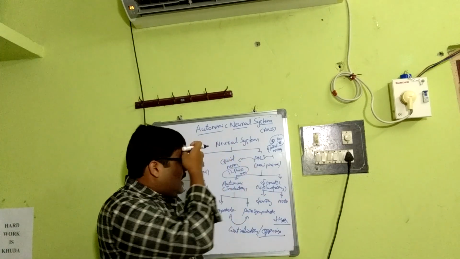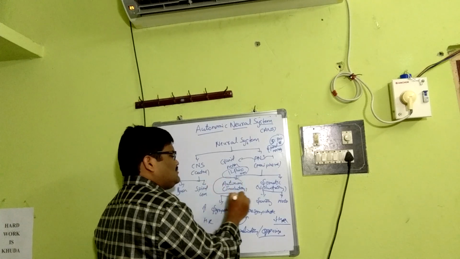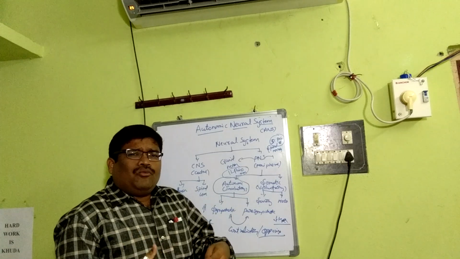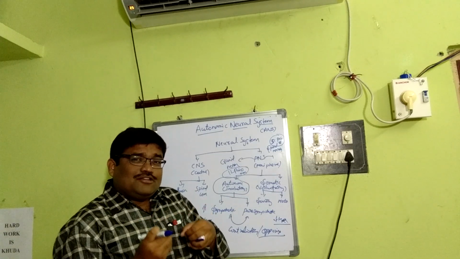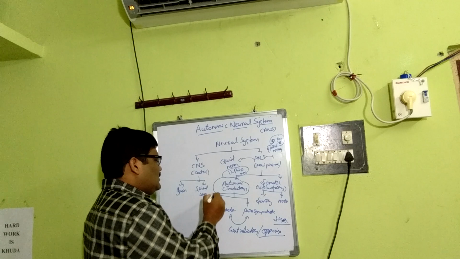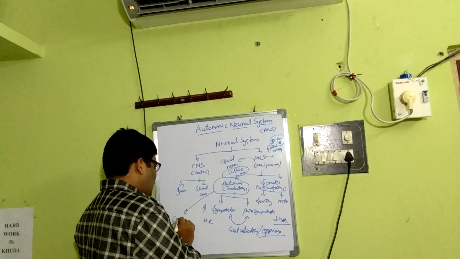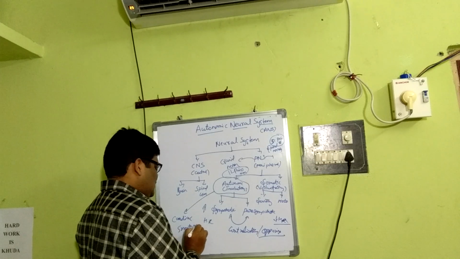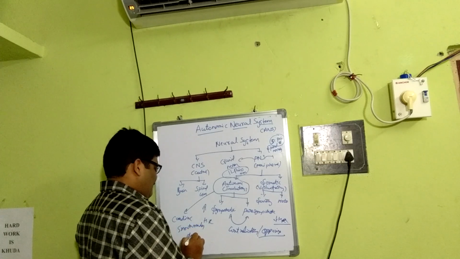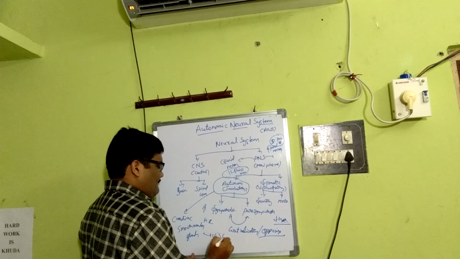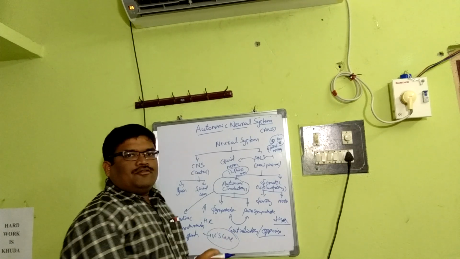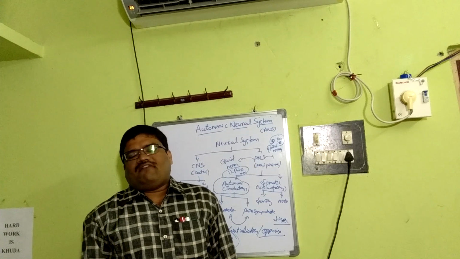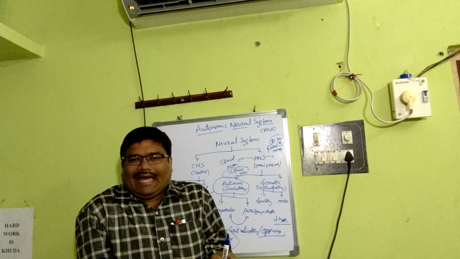These are both the divisions, and the most significant aspect of the autonomic nervous system is how it becomes involuntary. Why do we have to consider the autonomic nervous system as involuntary action? Because it includes cardiac muscle, smooth muscles and glands, simply called viscera. For example, if I move my hand, it is completely voluntary. If I don't like, I will rest my hand.